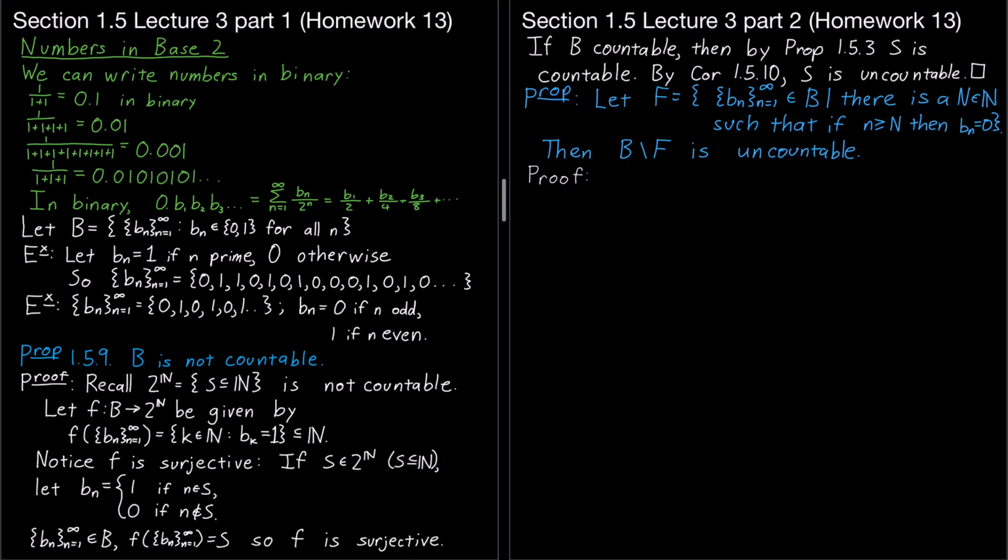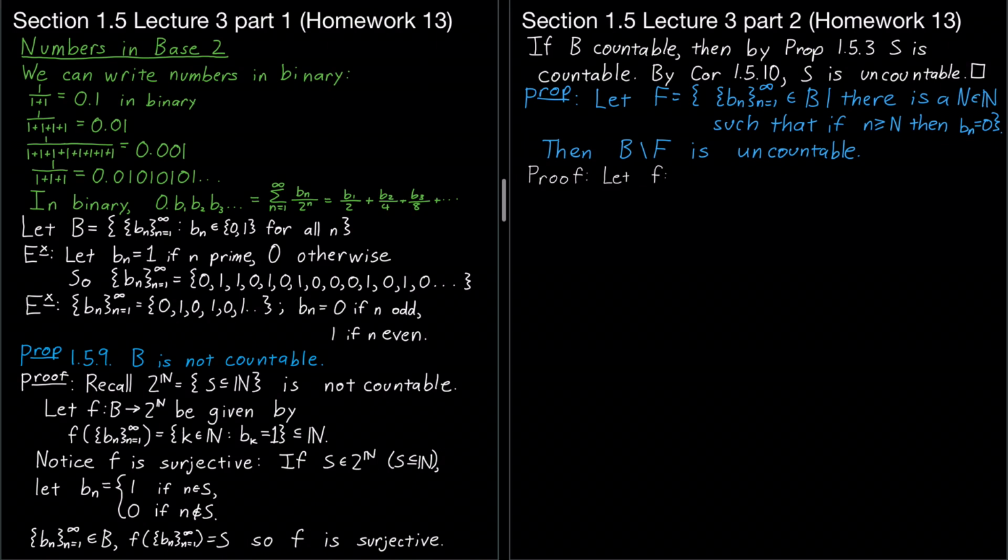What we're going to do is show that F is countable, and then if you throw away countably many things from an uncountable set, you're still uncountable. So let's let little f be the same function as in the last proof.